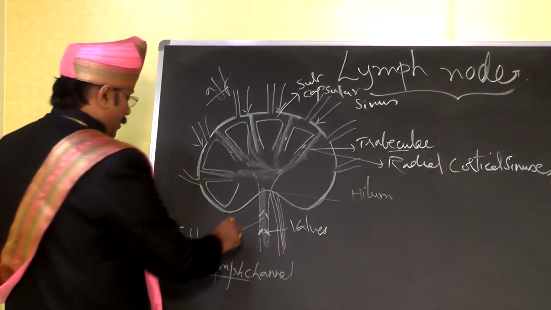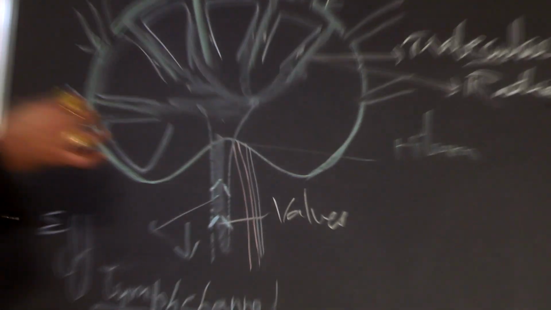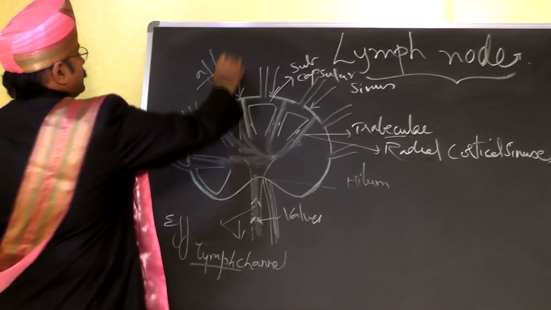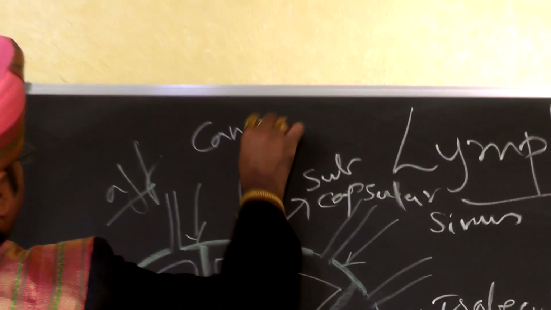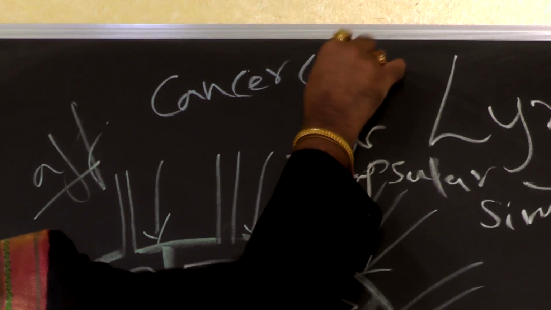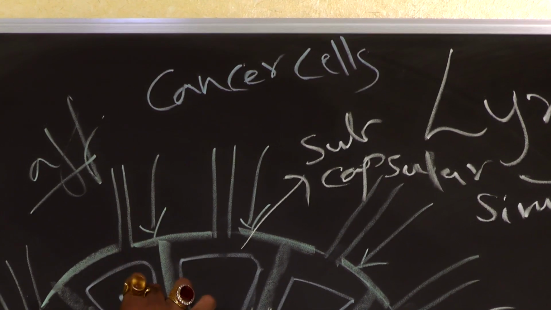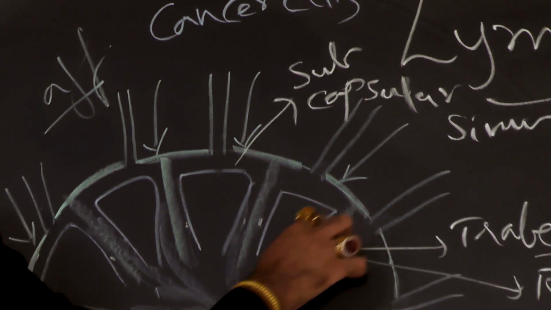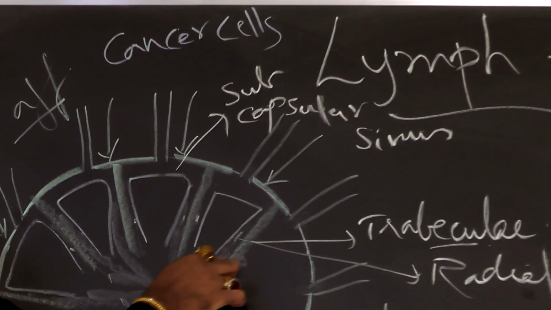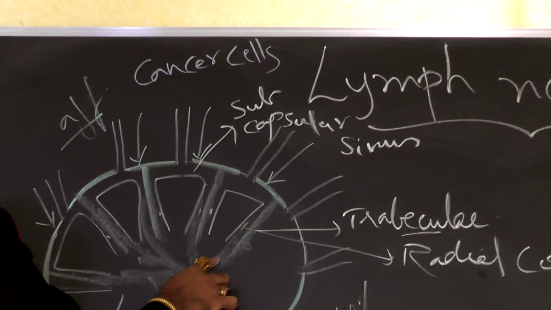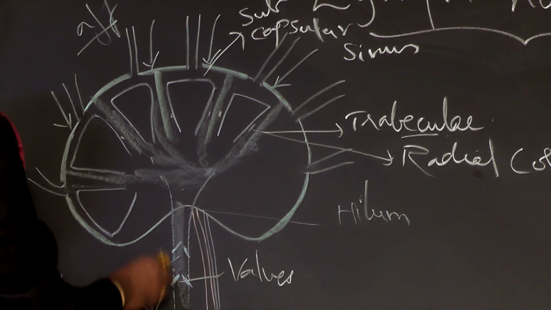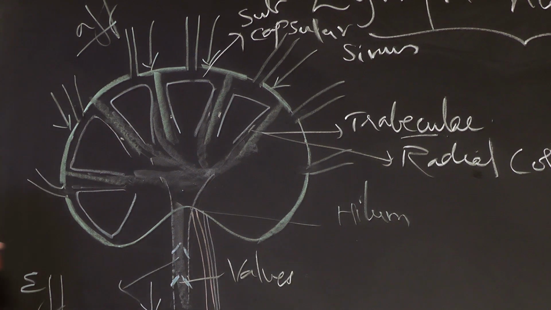The lymph is coming out. Are you understanding? If you take the cancer cells, they enter the lymph node via these afferent lymphatics. They are present in the subcapsular sinuses. They flow down via these cortical sinuses and reach the medullary sinuses and come out of the efferent lymphatic channel.